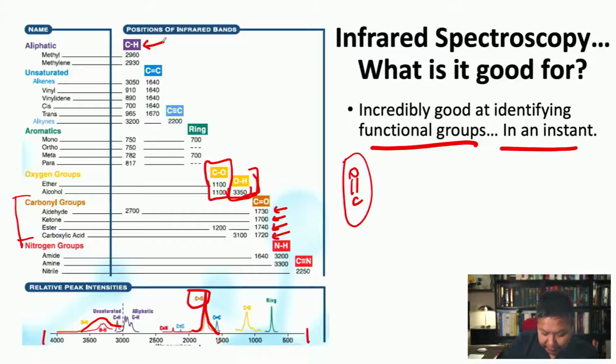There's a CH bond, carbon-carbon double bond, carbon-carbon triple bond, and rings here, like benzene rings. All the carbonyls, and then we have all the nitrogen groups, the amines and the cyanides. So literally, using IR spectroscopy, you could determine many different functional groups.